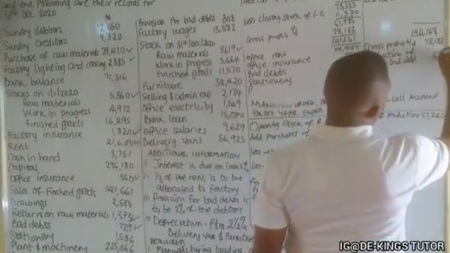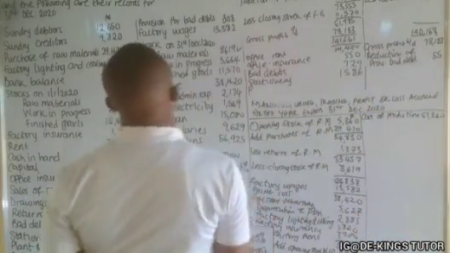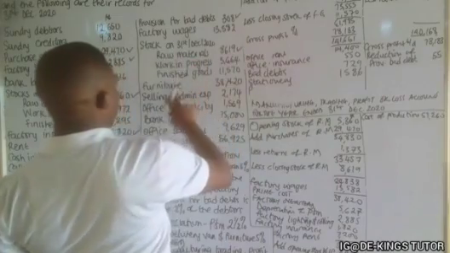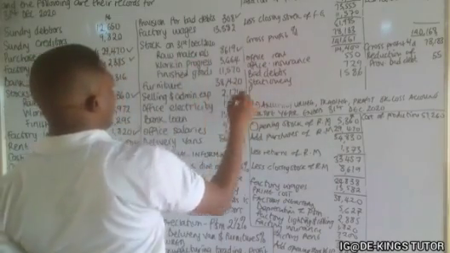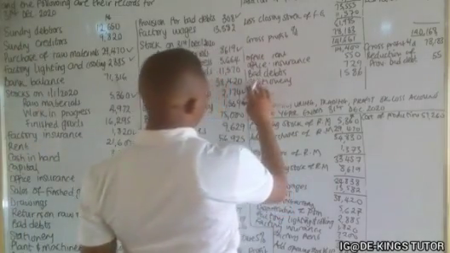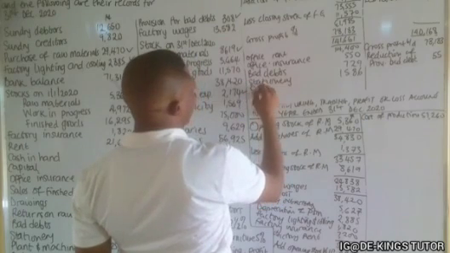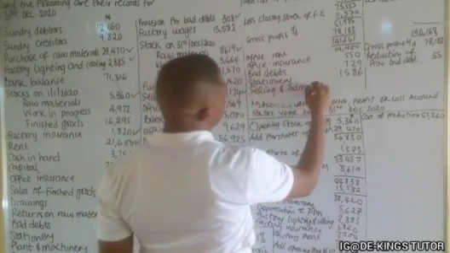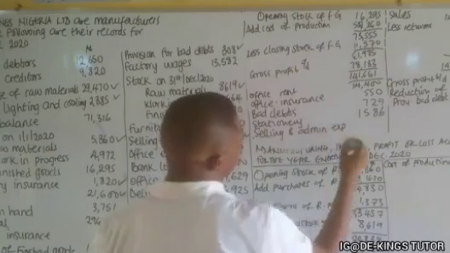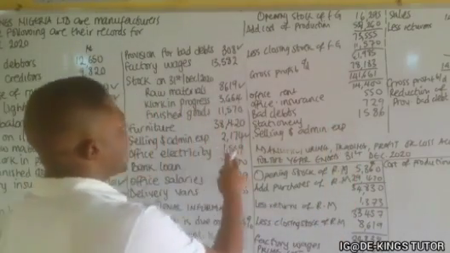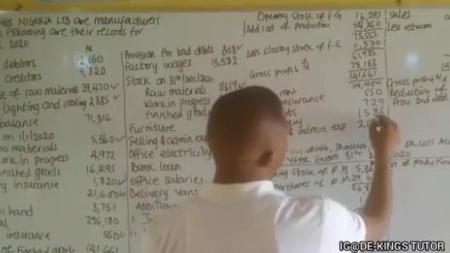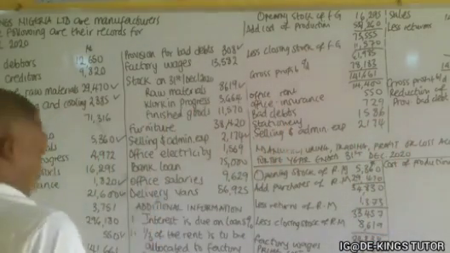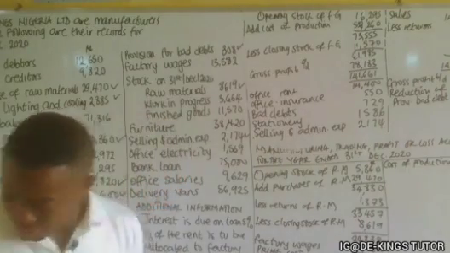Okay? 55. So the next one, next expenses, selling and admin expenses. Selling and admin expenses 2,174. Okay. The next one is office electricity.